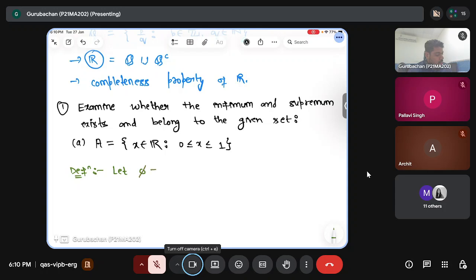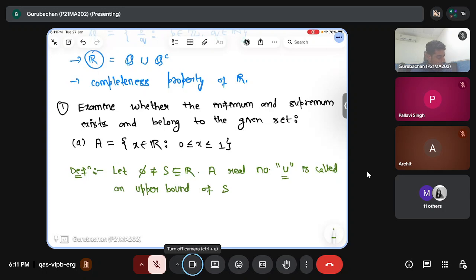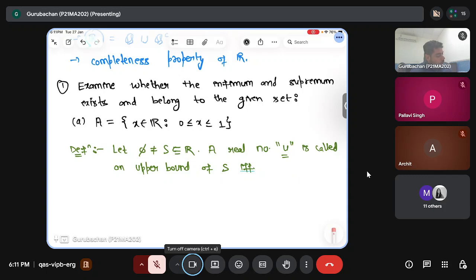Let S be any non-empty subset of R. Then a real number u is called an upper bound of S if and only if s is less than or equal to u for all s in S. That means this u is greater than or equal to all the elements of our given set S.